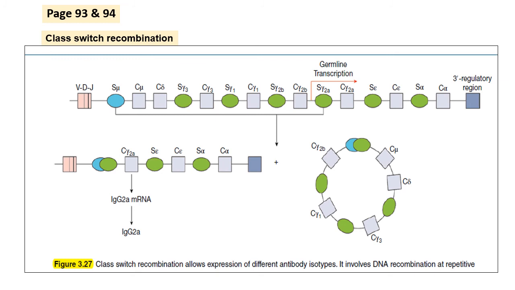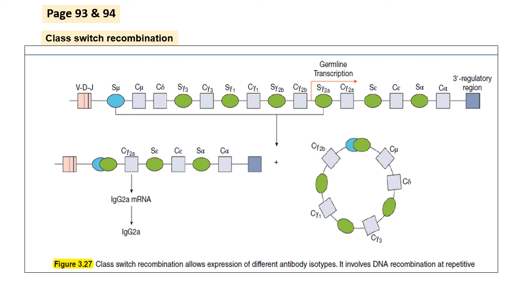The CSR allows the immunoglobulin heavy constant region exon of an antibody to be exchanged for an alternative exon, giving rise to expression of antibodies with the same antigen specificity but different isotype. For example, IgM will be class switched to IgG, IgM to IgE, IgM to IgA. All these occur according to the type of infection, type of antigen, and type of immune response required.